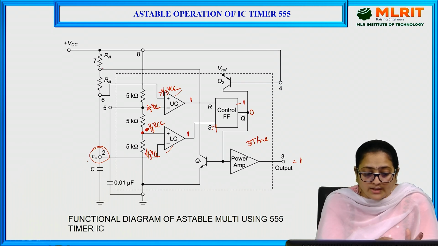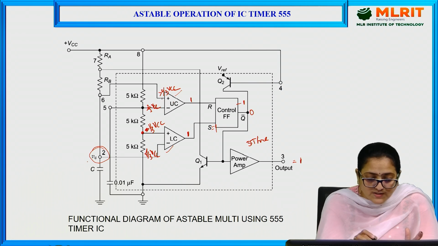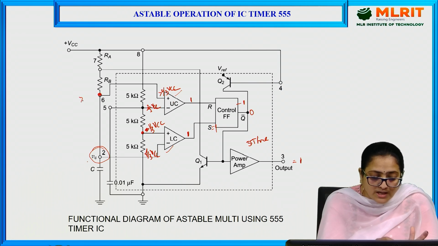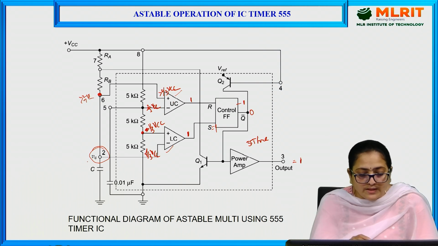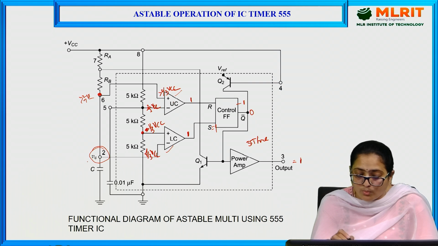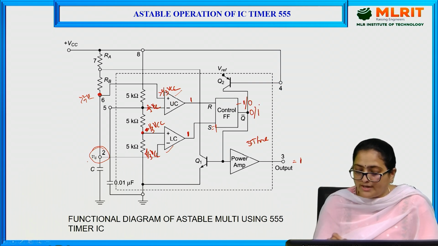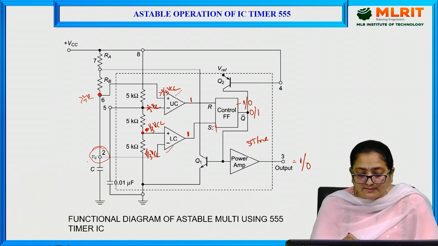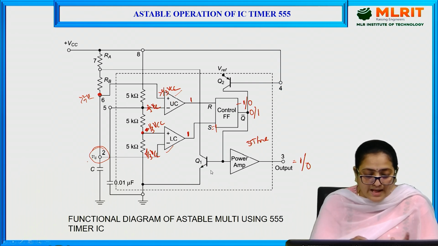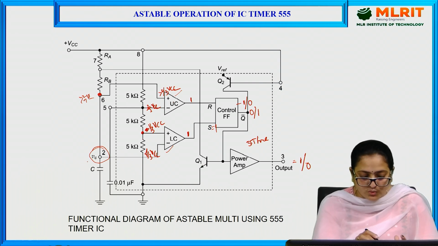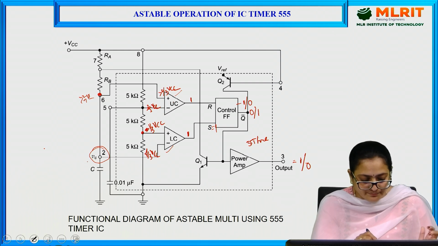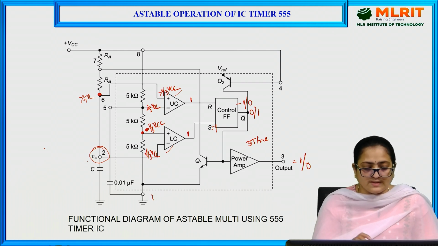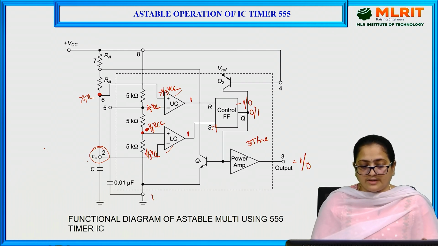When the voltage across this pin is just above 2/3 VCC, the upper comparator will be set, that is R is equal to 1. So the RS flip-flop will go to 0 and Q bar will produce a 1 and the output will produce 0, and this transistor will be in an on state and it finds a discharging path directly to this part. Okay. So this is the operation of an astable multivibrator.